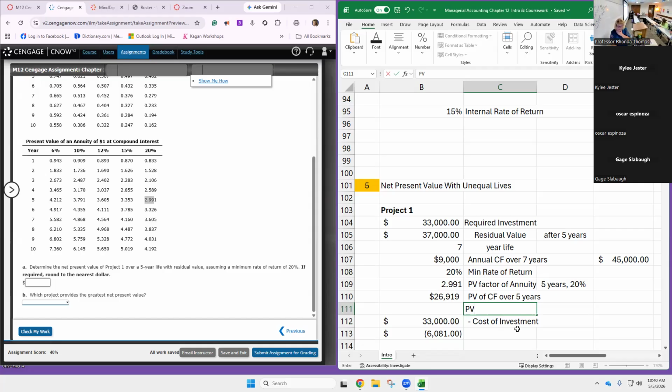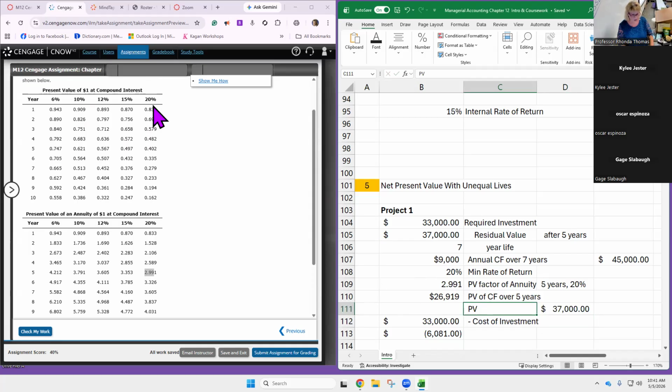So what you have to do is, here's the cash flow. Now that we have residual value, we have to take the present value of that residual value. The residual value is the 37,000, right? We need today's money because we're going to sell that in 5 years. So we need to use this table here at 20% in 5 years. So here's the factor to use.